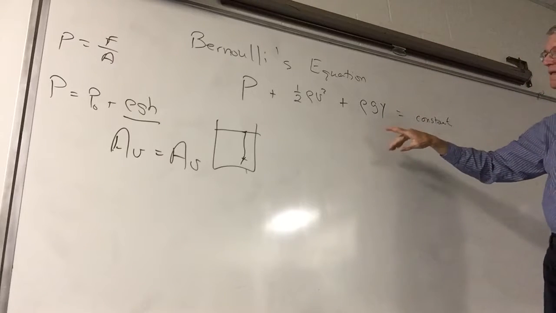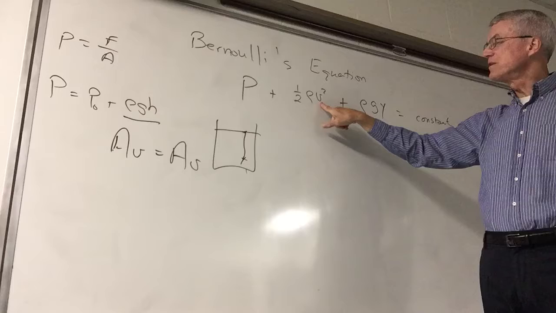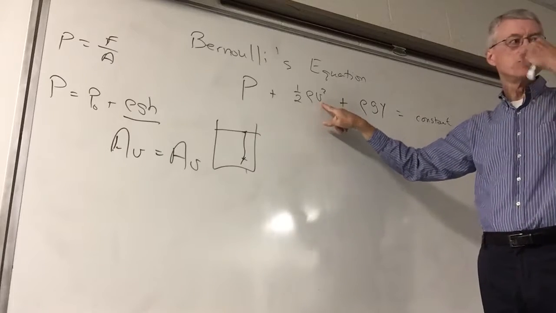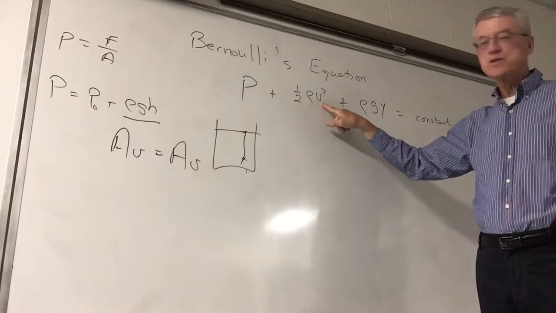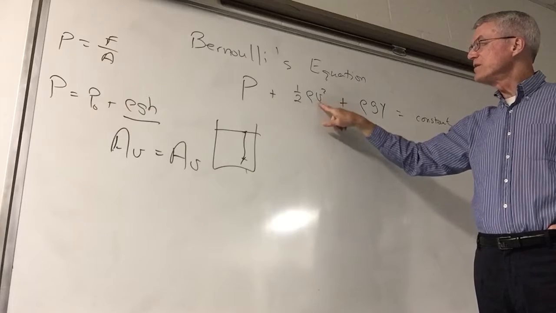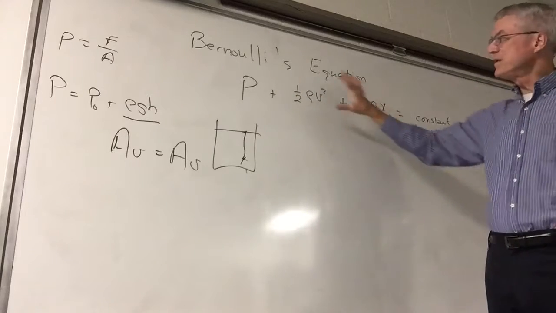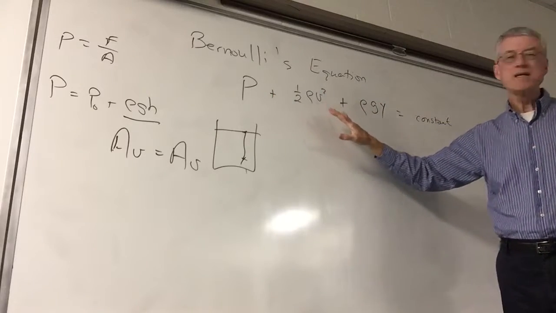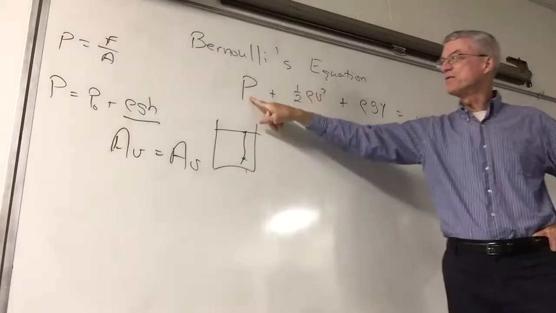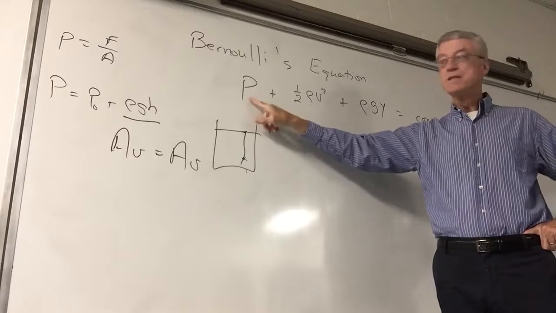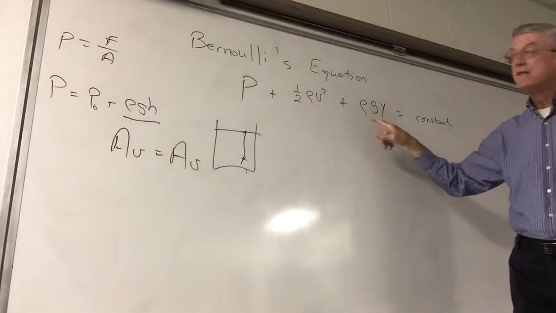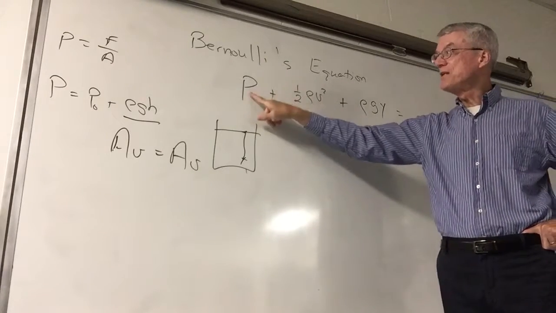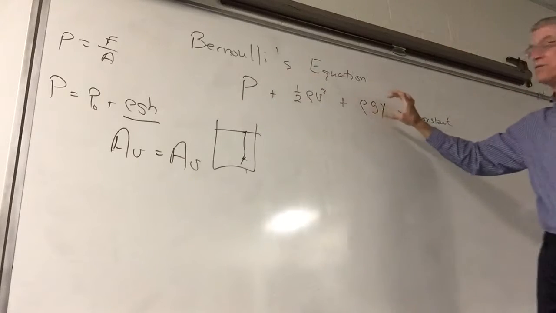We just saw that if you increase the velocity, as Julia was blowing the air between the sheets, everything here has to remain the same. When you add these three things together, you get the same thing. So if you increase v, something has to decrease, and that's the pressure, because we didn't change the height. So if you increase velocity, it has to decrease pressure, so these three things still add up to a constant.